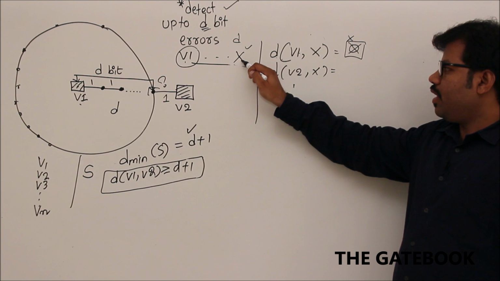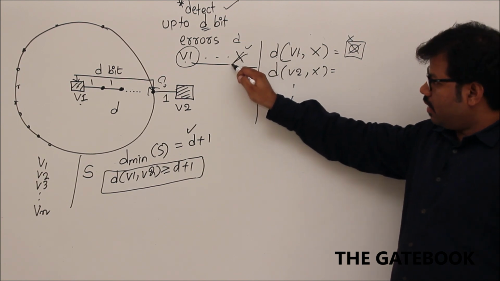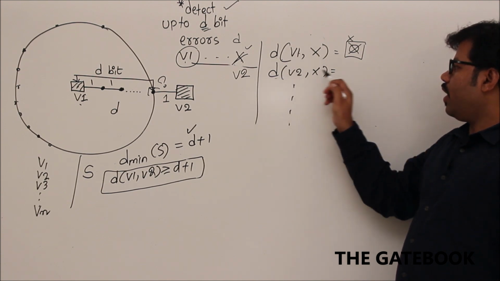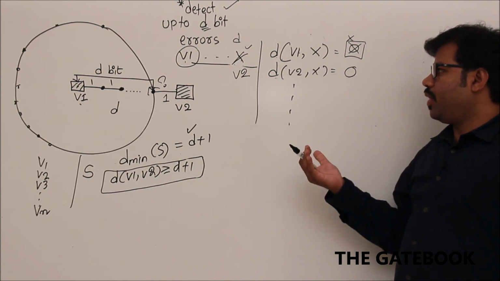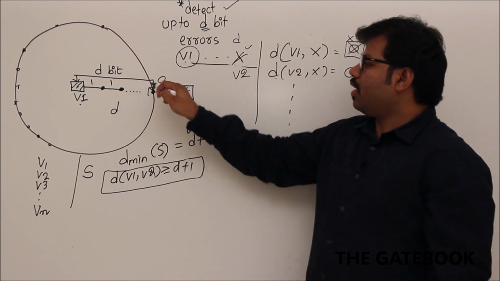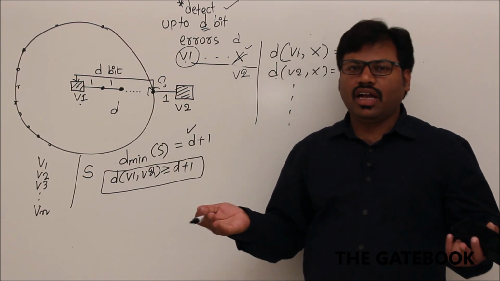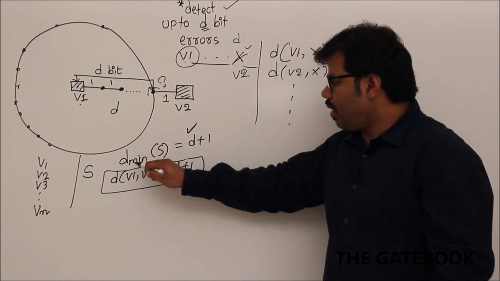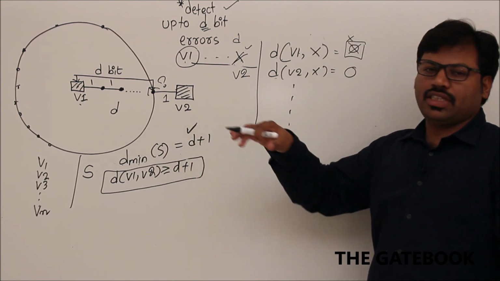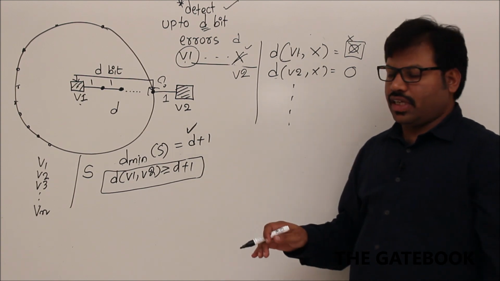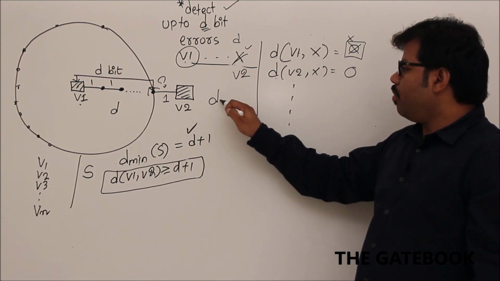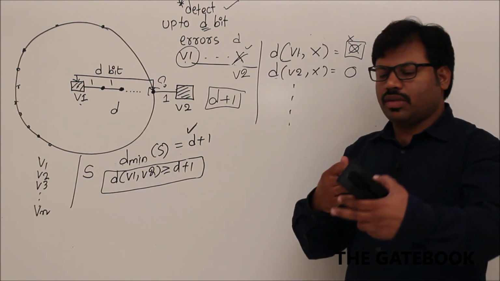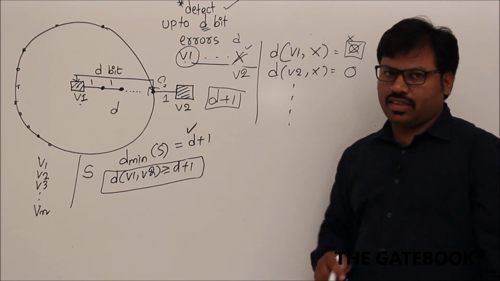If x is V1 it means no error. But if x has errors and it is becoming another valid pattern, only then you get 0, correct? But that won't happen. Why? Because of d bit errors, one valid pattern is not becoming another valid pattern. So that's why cleverly we planned the minimum Hamming distance of the system as d plus 1. So finally what I want to say is, if a system has minimum Hamming distance d plus 1, then such a code system can detect up to d errors. Fine.